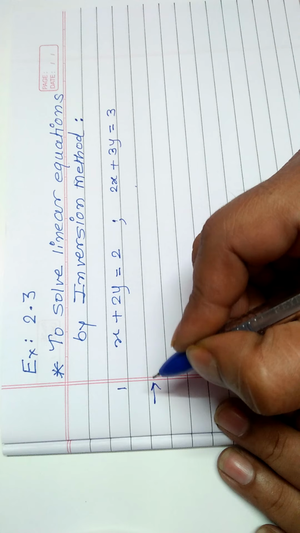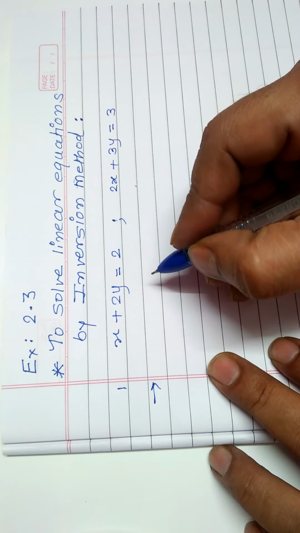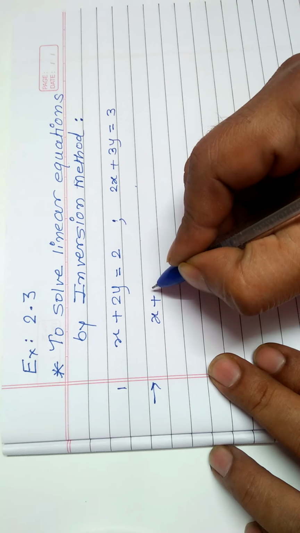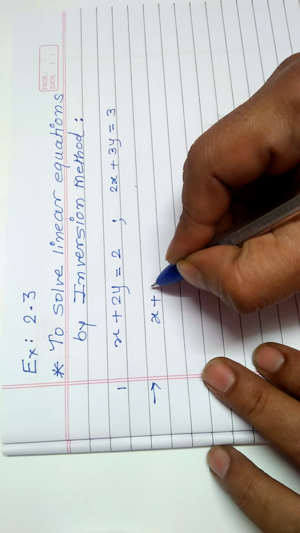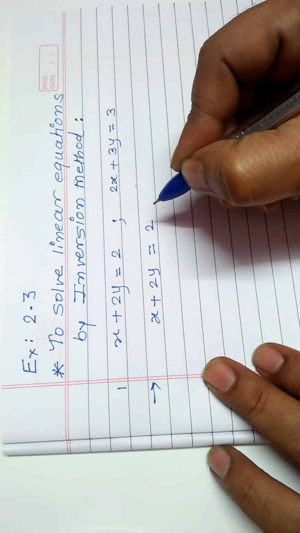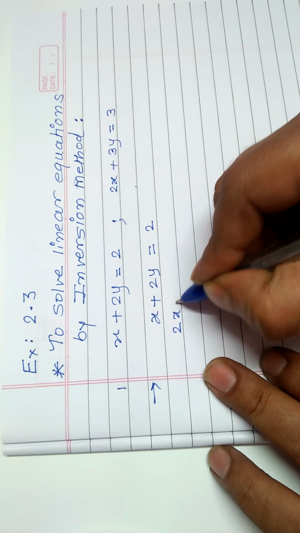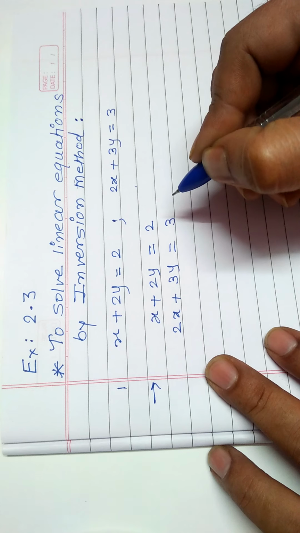So starting the solution, we have two equations. First write down the first equation in standard form like ax + by = c, that is x + 2y = 2, and below that write down the second equation, that is 2x + 3y = 3.